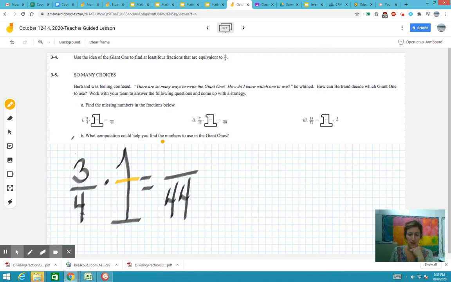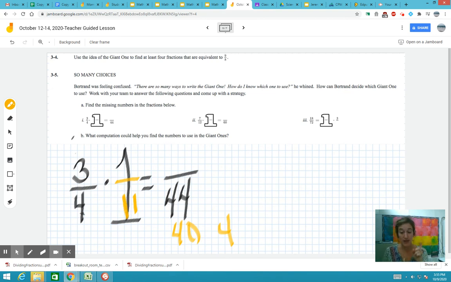So we could decompose 44 into 40 and 4. And I'd say, I know for the ones that 4 goes into 4 one time. And then 4 goes into 40 10 times. So in the tens place, I'm going to have another 10.